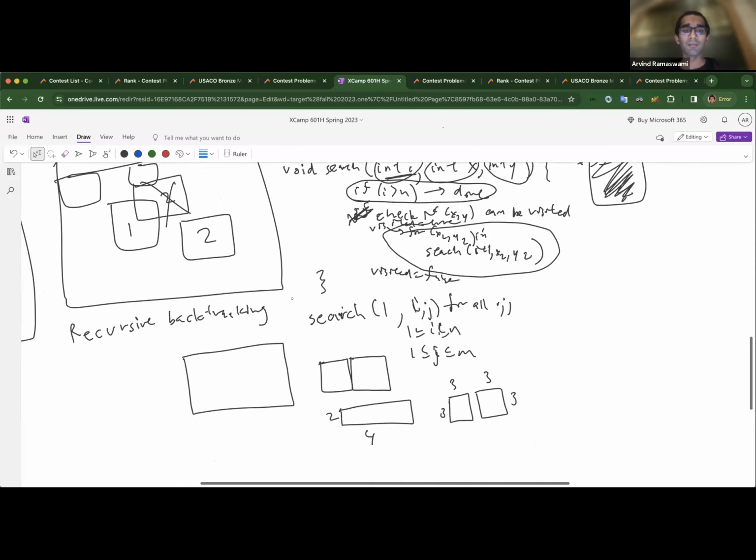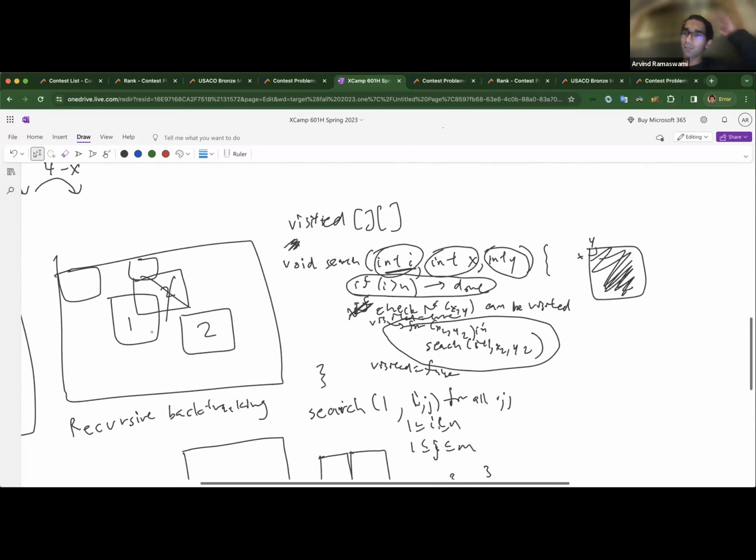Are these problems accurate to normal USACO level? I think problem 2 was very quick to do, and I don't think there's something that quick for USACO bronze.